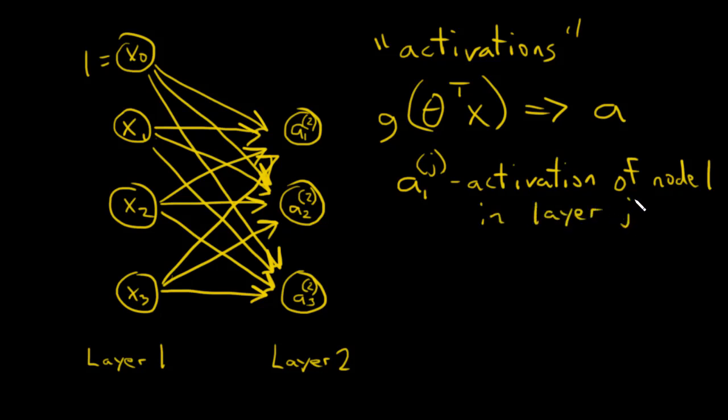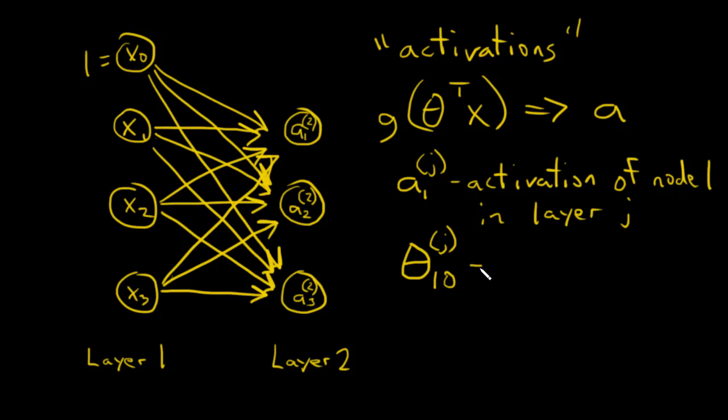And then we're also going to have a new notation for our weights, our parameters. We're going to have theta. Notice the order that I'm reading this: 0 to 1, and then j.